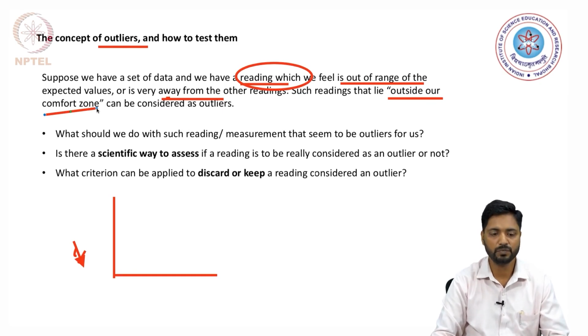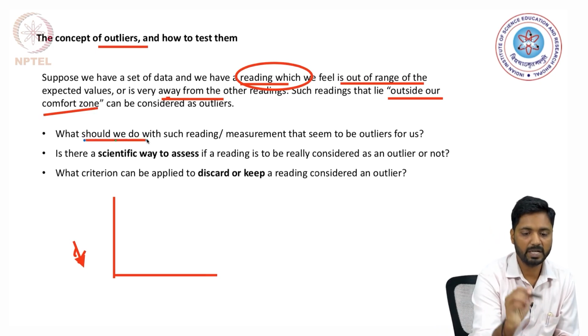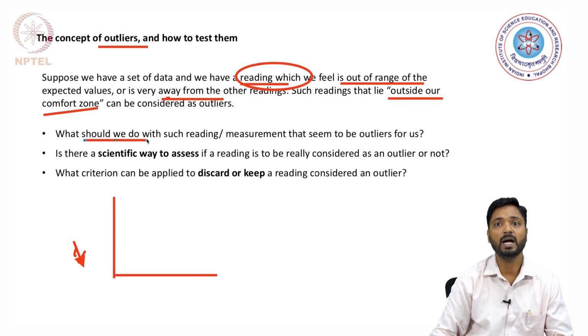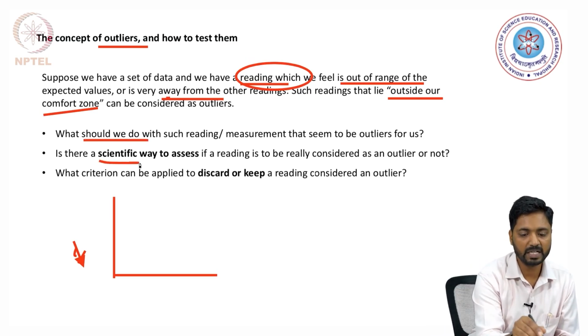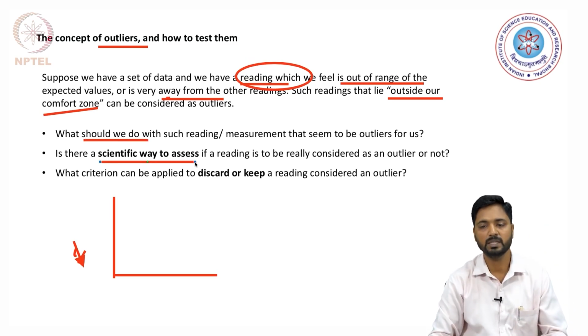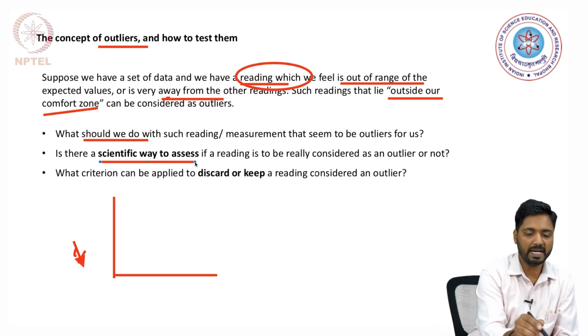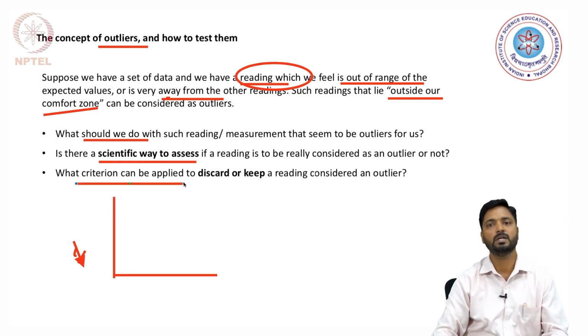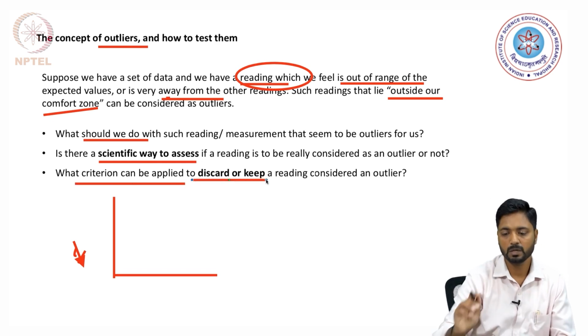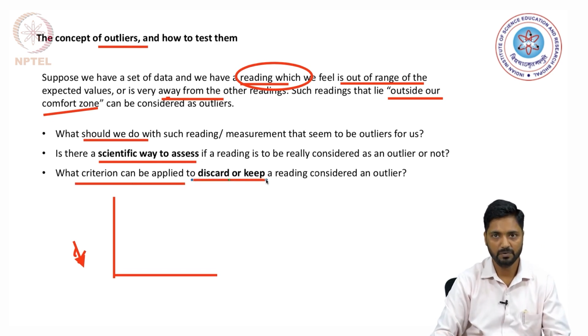Now, what should we do with such readings is the question that we would want to deal with, and if there is a scientific way to assess that the reading being considered as an outlier is indeed an outlier or not. In other words, what is the criteria that we can apply to discard or keep a reading which we consider as an outlier.